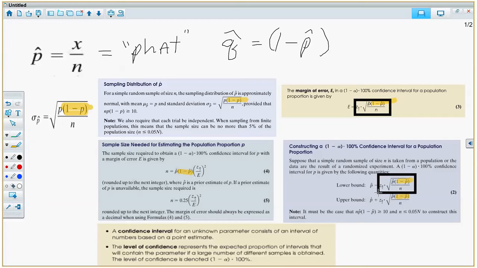So you add the margin of error on the right, and what do you do on the left? You subtract it. I don't want to put it there because that'll cover up the square root symbol, but I just want y'all to see that your margin of error is what's used in your confidence interval. Capiche?